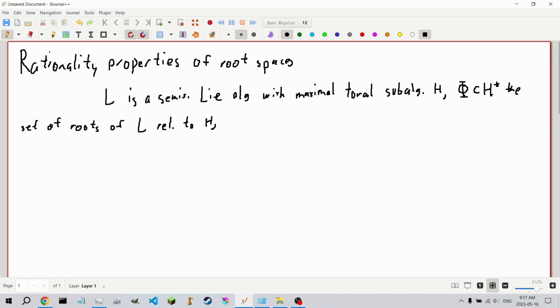We can then split L into this H and the union of all our root spaces, which is the root space decomposition.